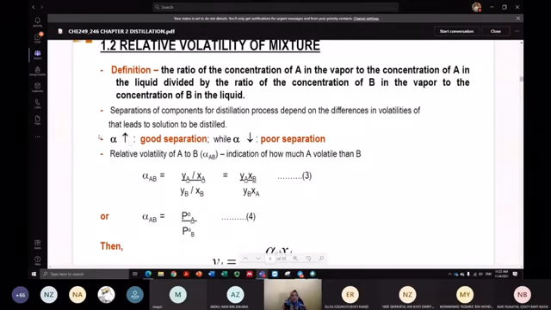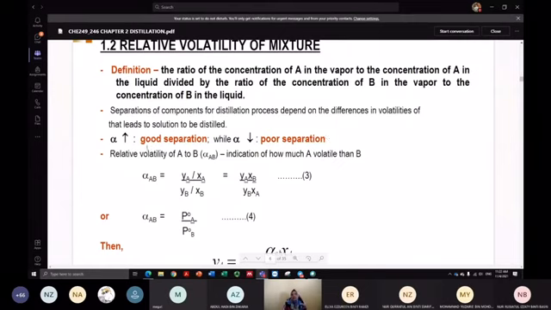So this value of alpha can help you decide whether to proceed with the separation using a distillation column or not. If you have a good separation, then you can proceed with distillation. If you are going to have a poor separation, maybe you don't want to use distillation.